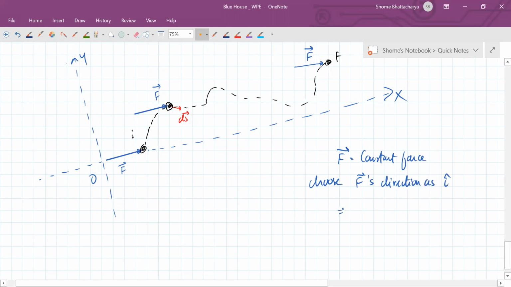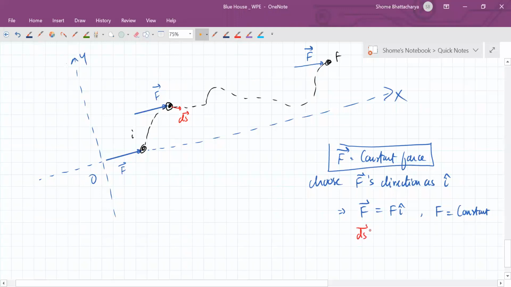Then we can write the force as F i cap, where capital F, which is the magnitude of the force, is constant, because we know that this force is a constant force. Whereas the displacement ds, it's general, as you can see. So it'll have all three components: dx i cap plus dy j cap plus dz k cap.